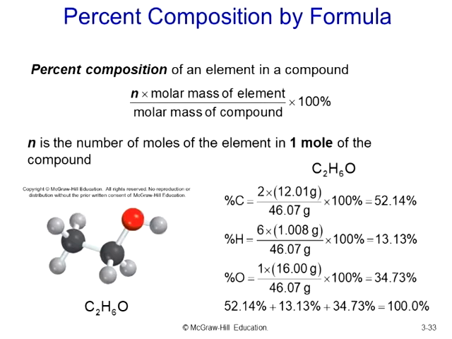We would do likewise for hydrogen, which will be 6 times the molar mass of hydrogen, which we get from the periodic table, which is 1.008 grams per mole. But in doing these calculations, we will oftentimes simply put in grams as the unit, divided by the molar mass of ethanol, for approximately 13%.